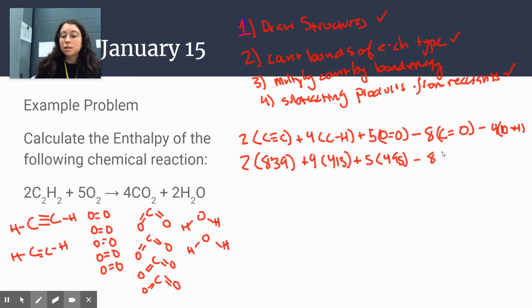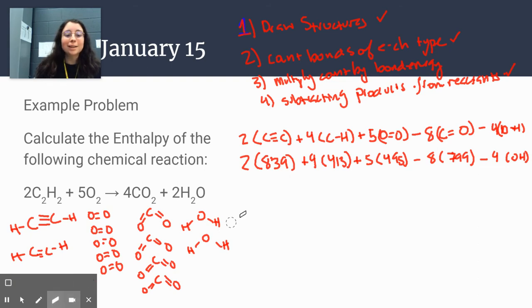Minus 8 of our carbon double bond oxygen, which is a special one for carbon dioxide, and it's 799. And then minus 4 of our OHs. Okay, oops. I already forgot that we were plugging in numbers. I'm doing this after school, so my brain is not exactly in the right place, but we do our best. 467.